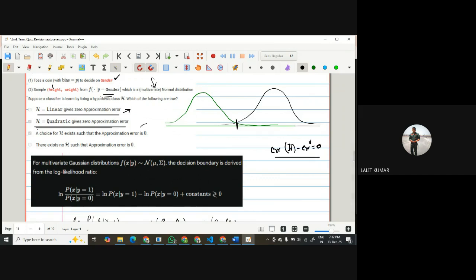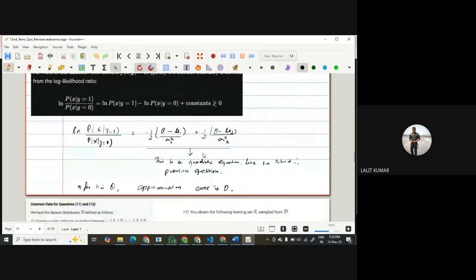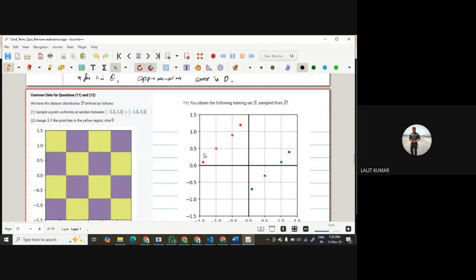So this is correct. A choice for H exists such that approximation error is 0, because yes, this is true, therefore this is true. There exists no H such that approximation error is 0. This is incorrect. We know that there is a model, a decision stump, at which the approximation error is 0. So this is the question we have done.